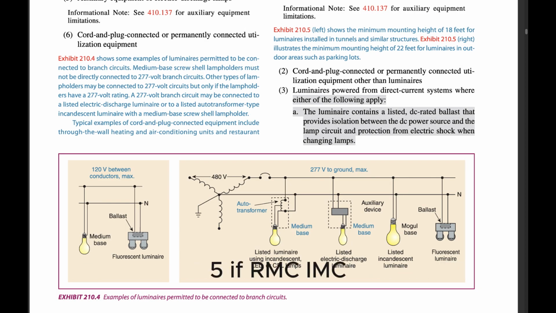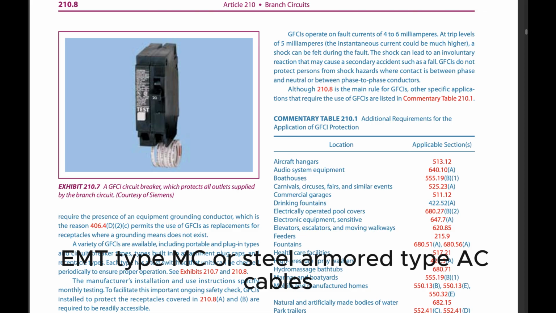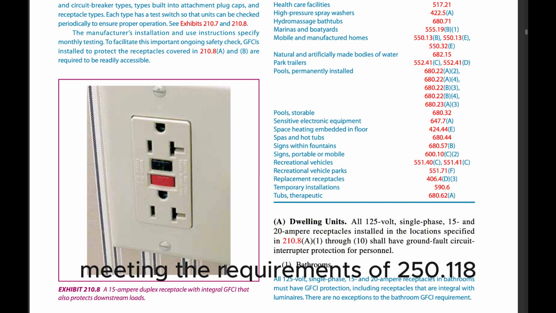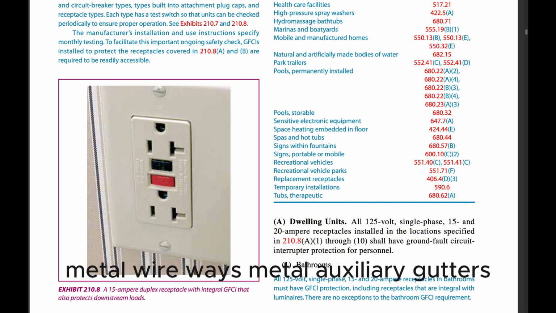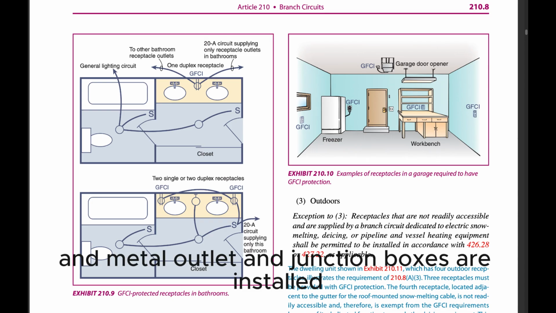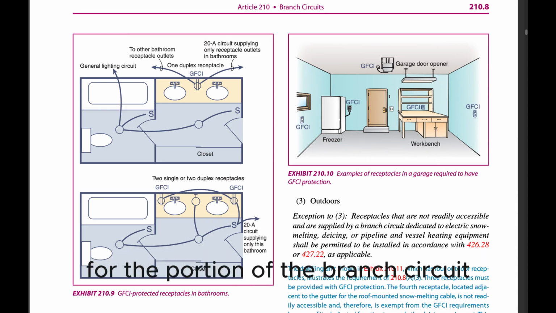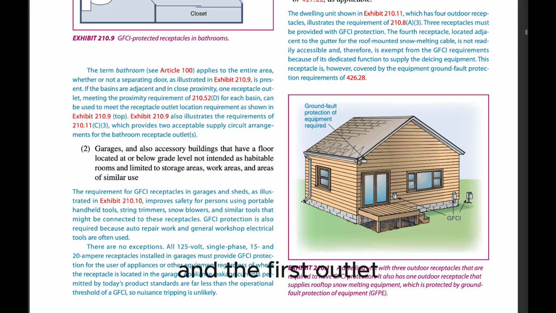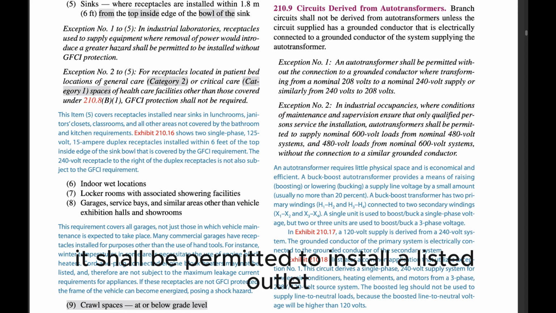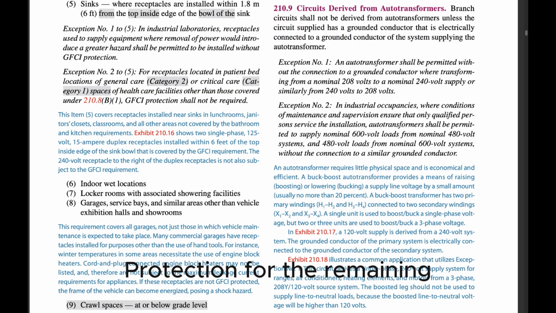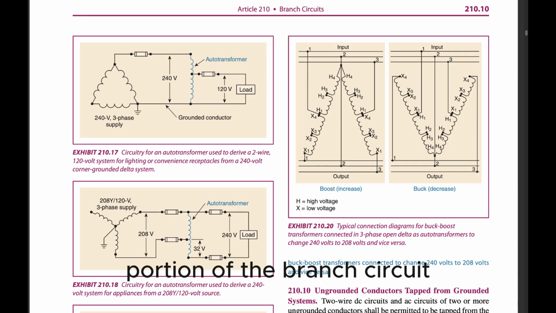5. If RMC, IMC, EMT, type MC, or steel armored type AC cables meeting the requirements of 250.118, metal wireways, metal auxiliary gutters, and metal outlet and junction boxes are installed for the portion of the branch circuit between the branch circuit overcurrent device and the first outlet, it shall be permitted to install a listed outlet branch circuit type AFCI at the first outlet to provide protection for the remaining portion of the branch circuit. 6.